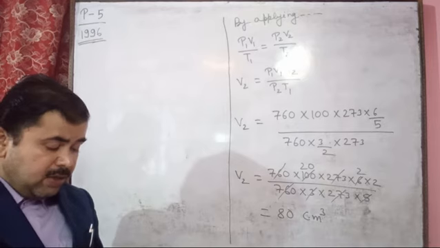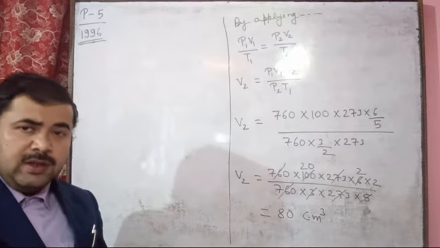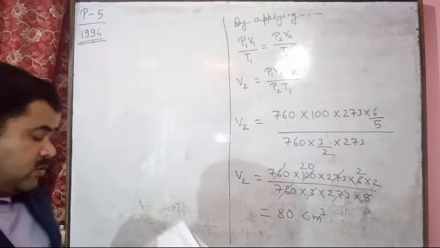What is the final volume of the gas? 1 mole of gas occupies a volume of 22.4 liters at STP.